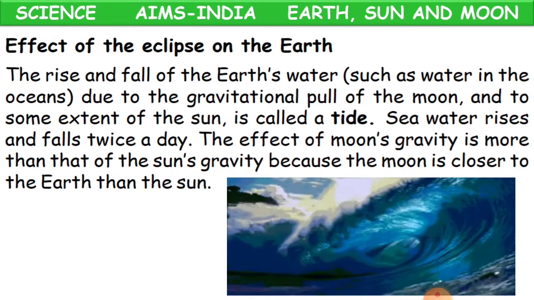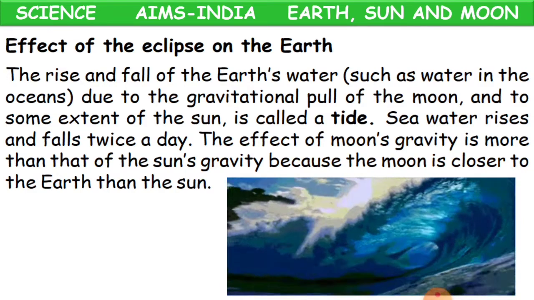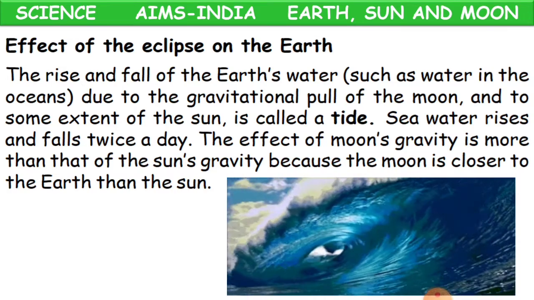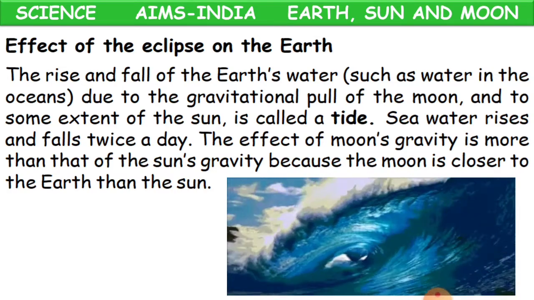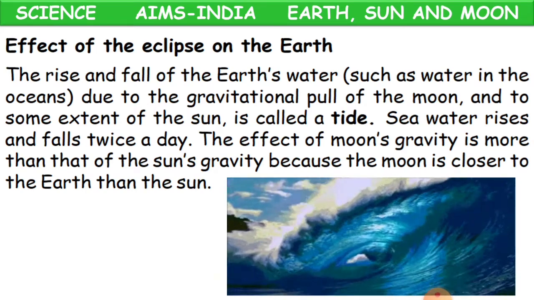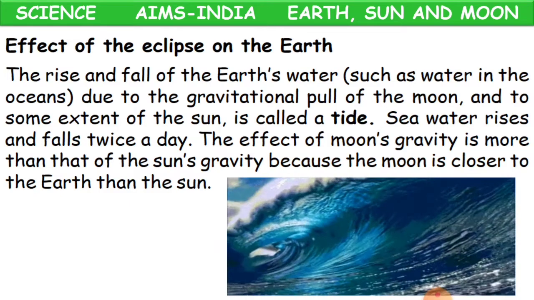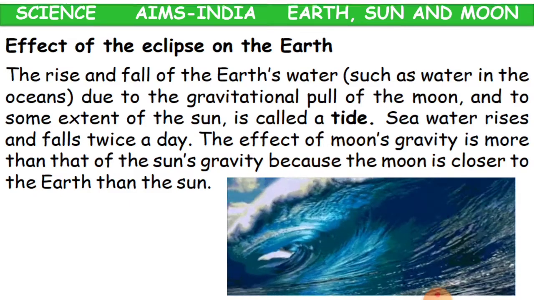And now see something very interesting in the picture. What is this? This is nothing but a tide. You get tides in the oceans. This is an effect of the eclipse on the earth. Let us see the effect of the eclipse on the earth.